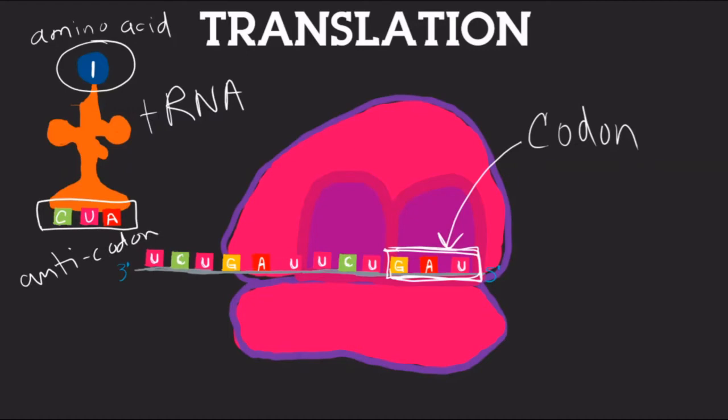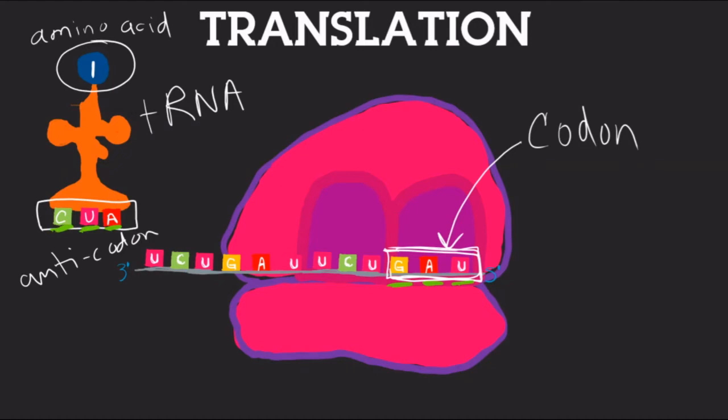And that anticodon has to match up with the mRNA codon. And in this case, it does. Over here we have a U, A, G, and here we have the complementary A, U, C.